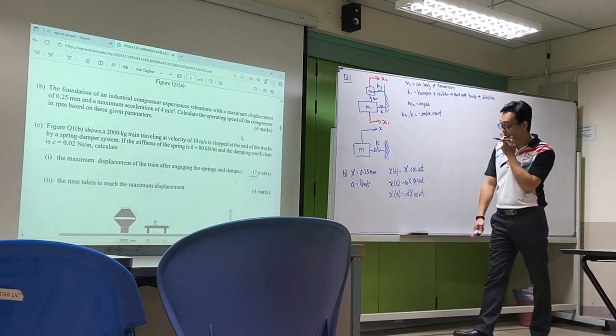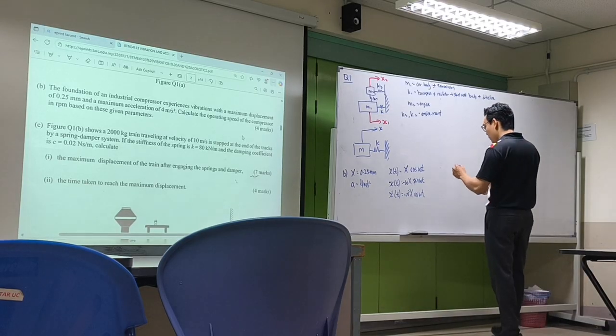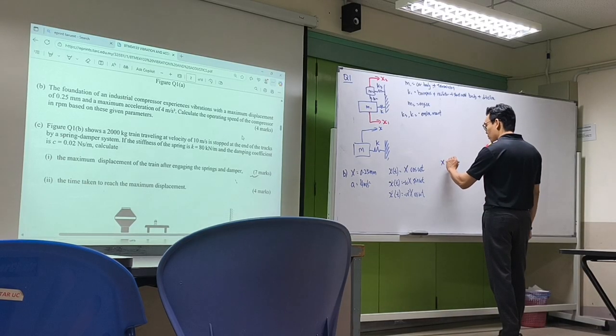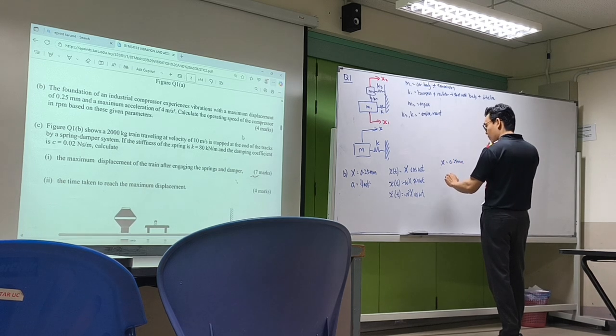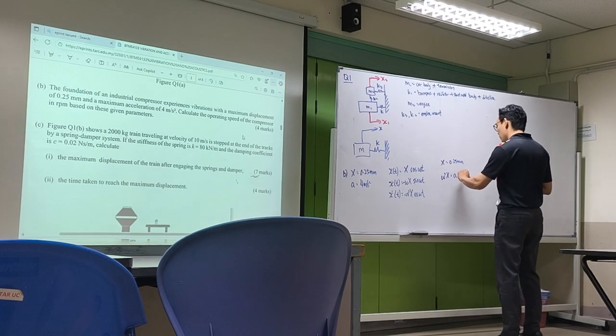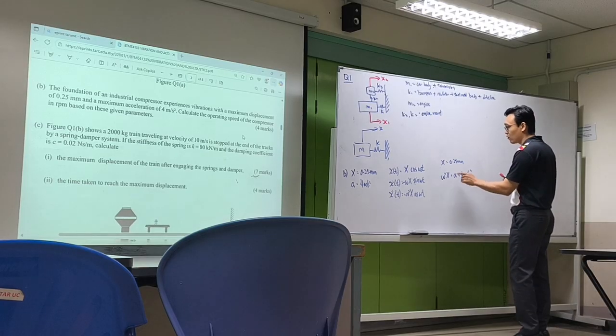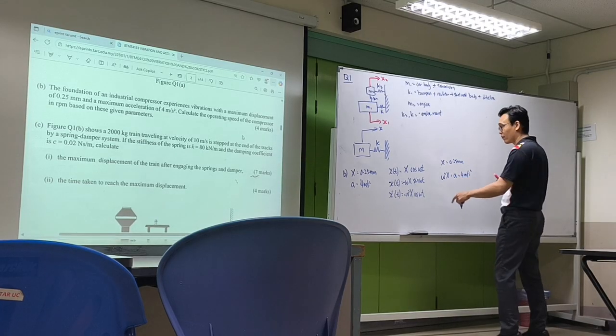From here, I know that acceleration is actually part of the displacement. For example, x equals 0.25 mm. Then omega squared x equals A, which is 4 meters per second squared. So in other words, you can find the omega.